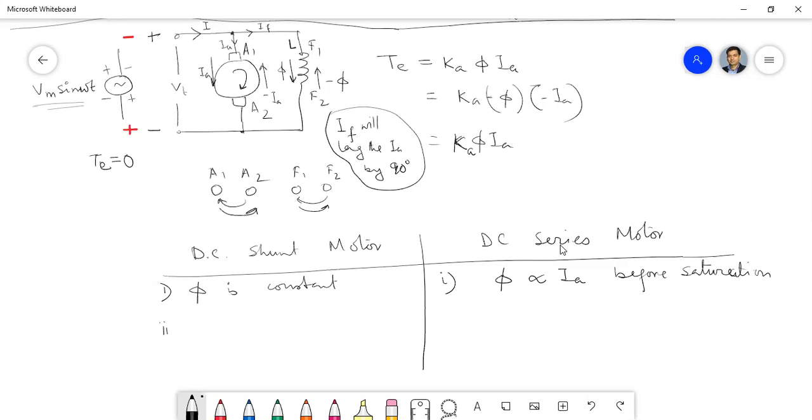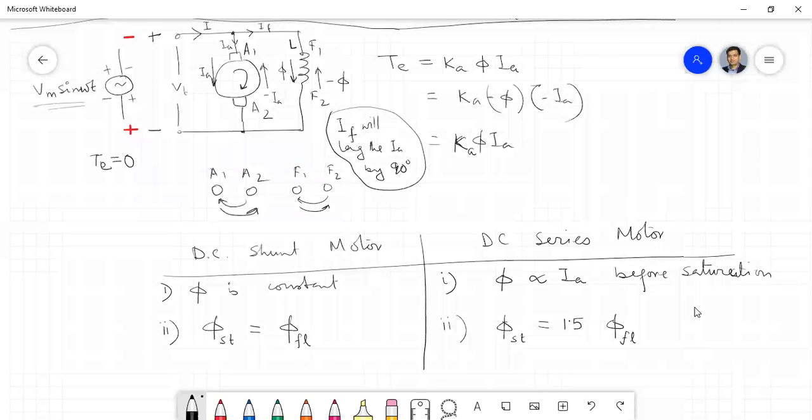Number 2, here the starting flux equals the full load flux, because always the flux remains constant, as I told you. But in the series motor, the starting flux is kept very high, that is 1.5 times the full load flux, because we know that at full load it will be reduced.